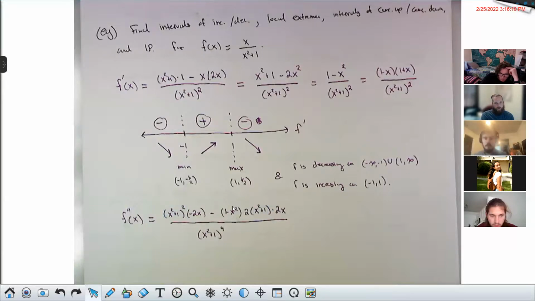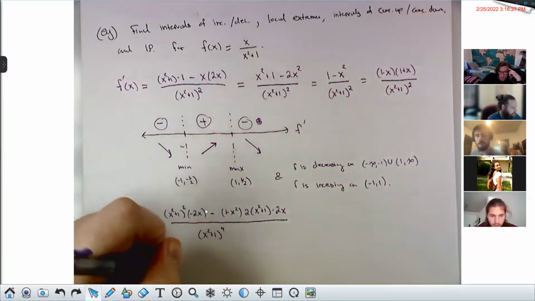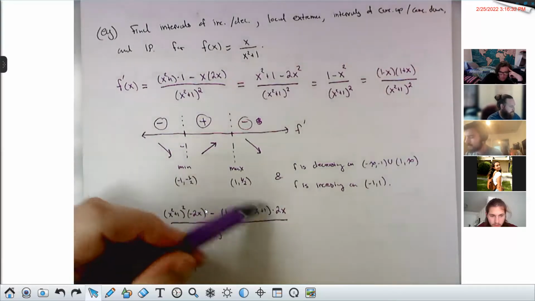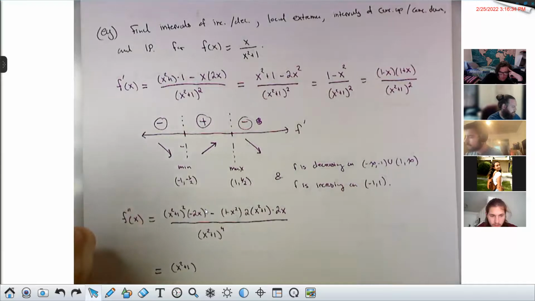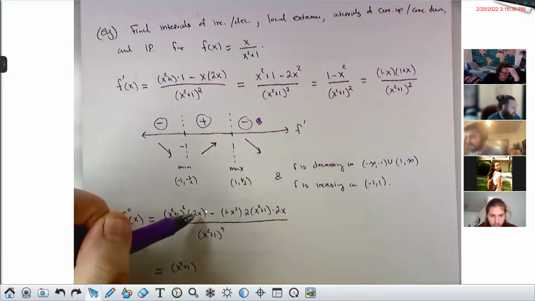So between the two terms upstairs, here's one term. Here's the other term. Between those two terms upstairs, I can pull out an x squared plus 1. Only one of them because this only has one to give. I can also pull out a 2x, maybe a negative 2x.